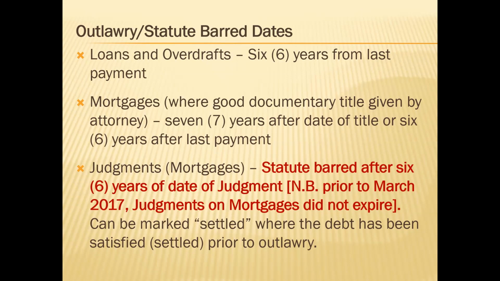So where a mortgage was given and the attorney issued you a certificate of title saying you have a good title, it's 7 years after the date of that title. Okay, the outlawry date.